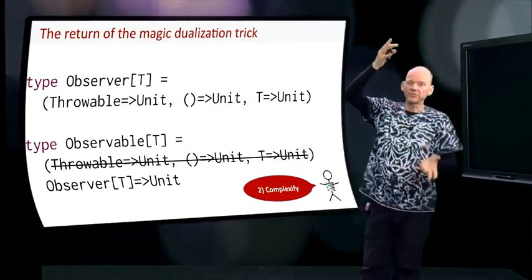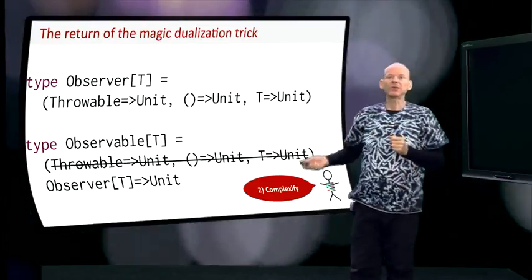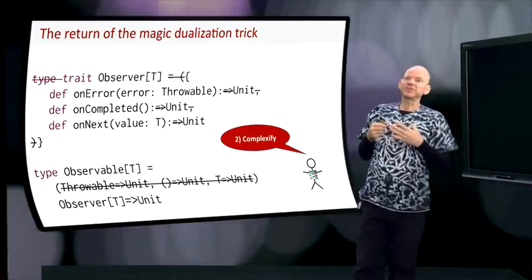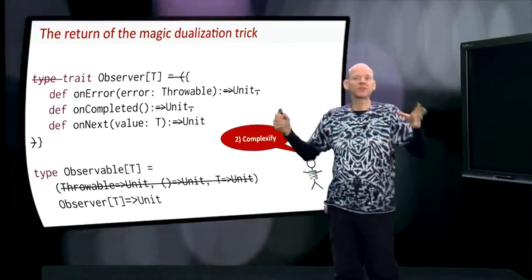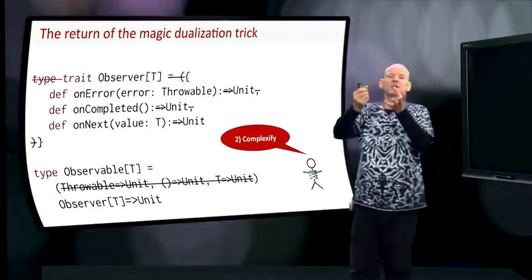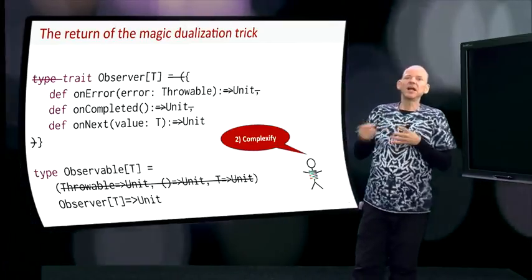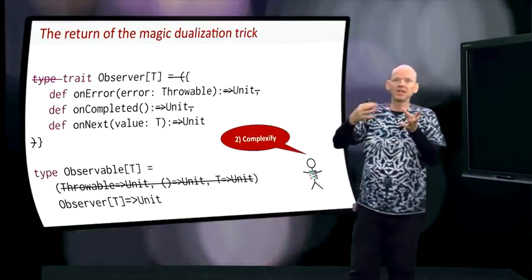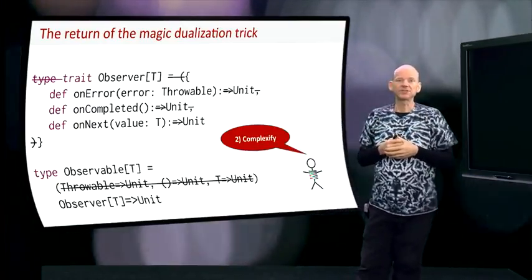Good. So now we have split the world there, and now we're going to continue to complexify, because instead of having a triple of functions, we're going to put those in a trait, and at the same time we're going to turn these functions into methods.